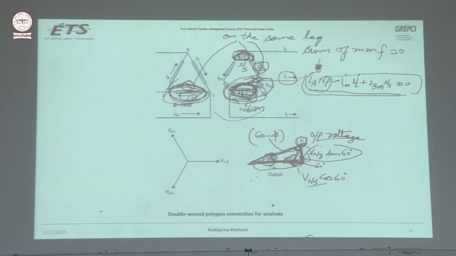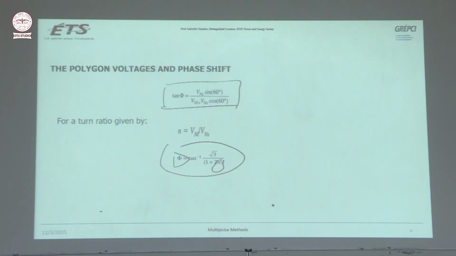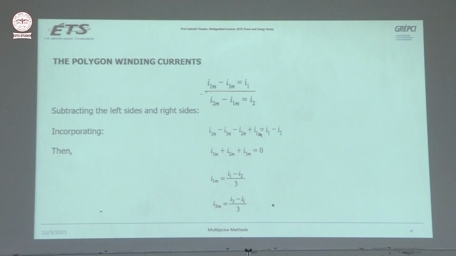I1 will be I1M minus I3M. Same way you can calculate I2 and I3 using Kirchhoff's current law, and it is easy to write this equation. See, current I1 is equal to I1M minus I3M.